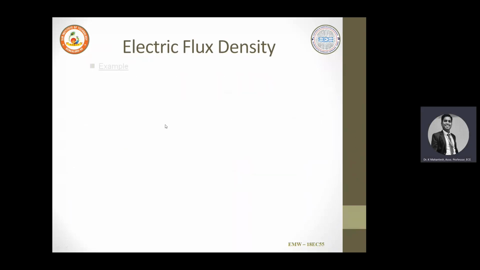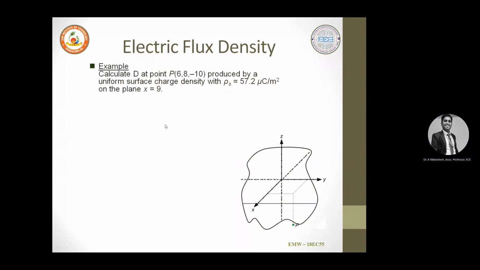Another example is calculating D at point P (6, 8, minus 10) produced by a uniform surface charge density rho s equal to 57.2 microcoulomb per meter squared on the plane x equal to 9.